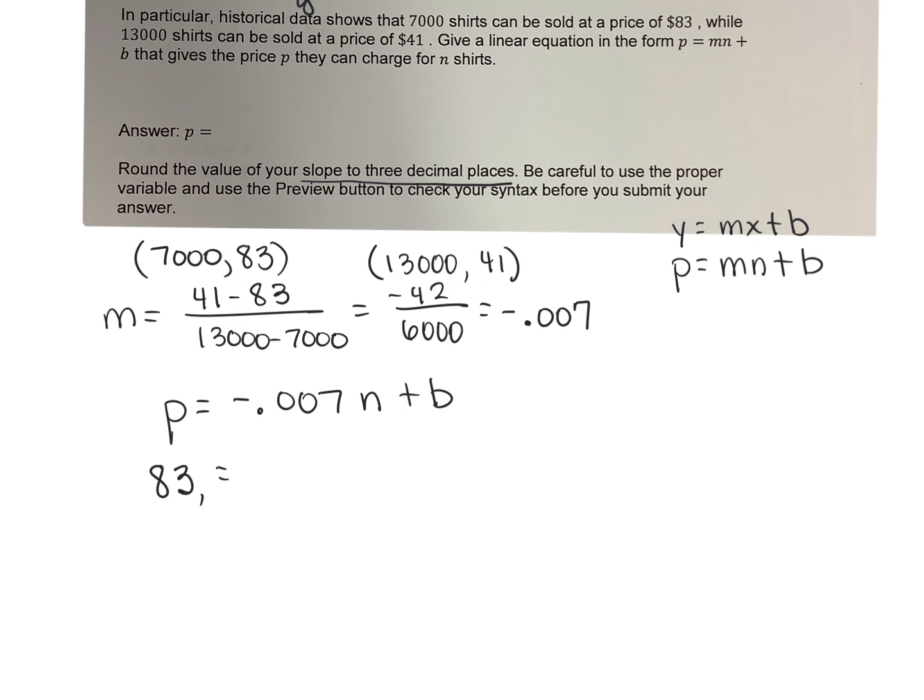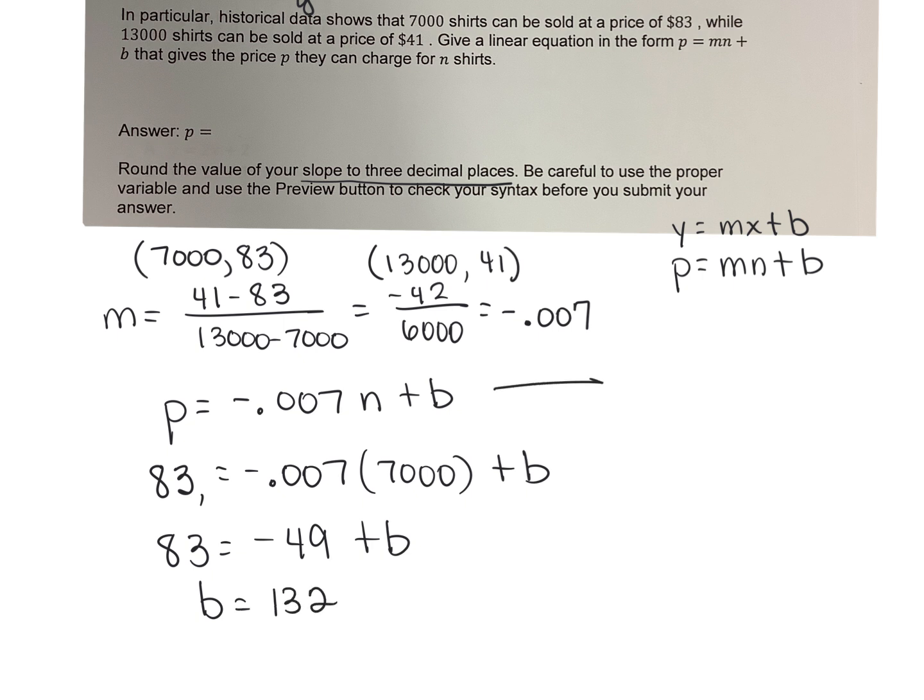So $83 is equal to negative 0.007 times 7,000 plus B. And that gives me, when we divide that, or multiply, whichever way you all do it, you get negative 49 plus B. So 83 and 49 give me a total of 132 for B.